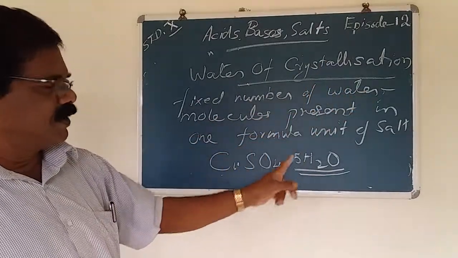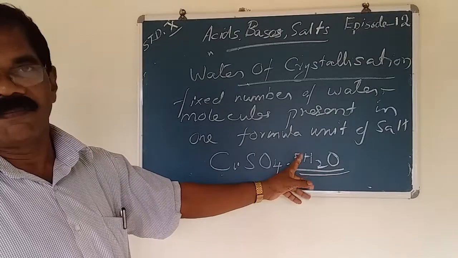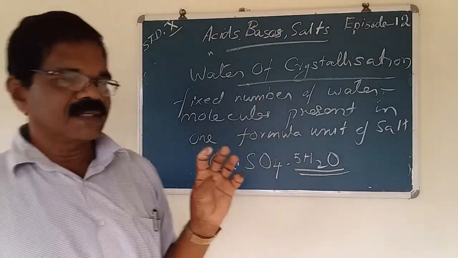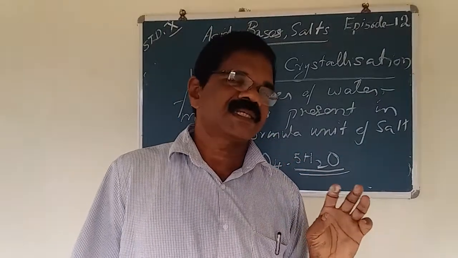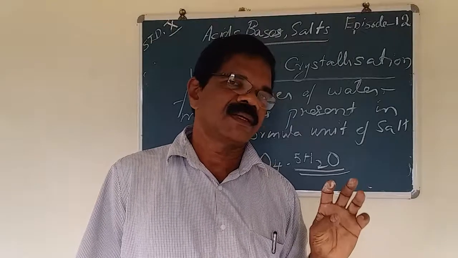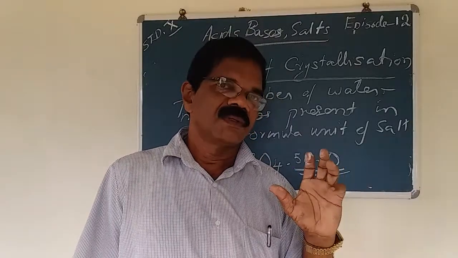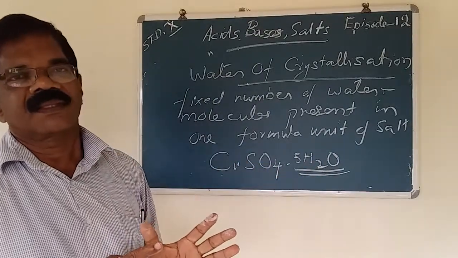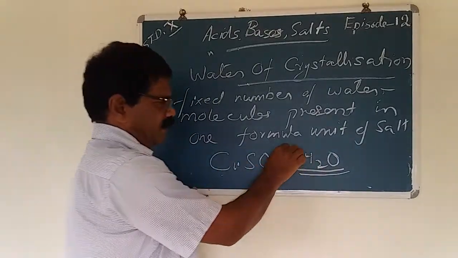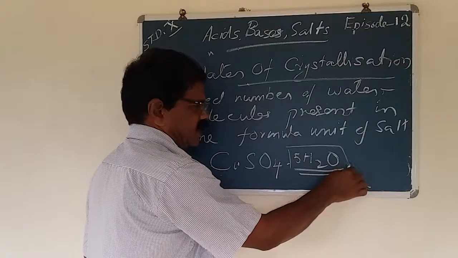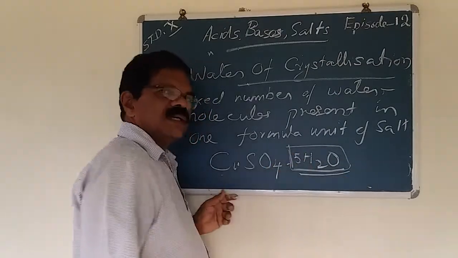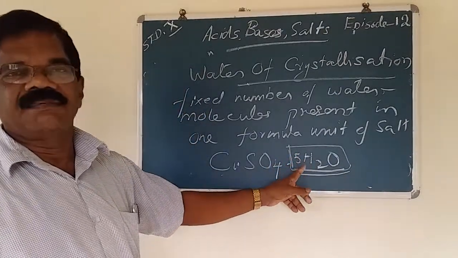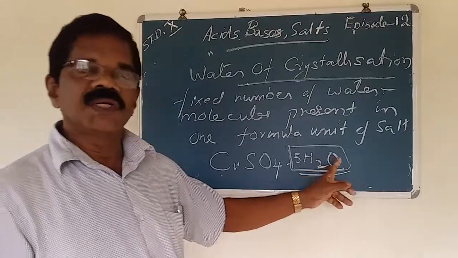We all know the color of copper sulfate is blue. It has a crystalline shape. This water of crystallization gives it a crystalline shape and blue color.